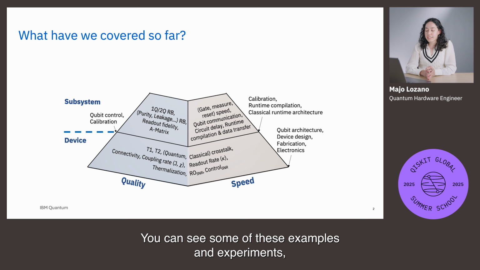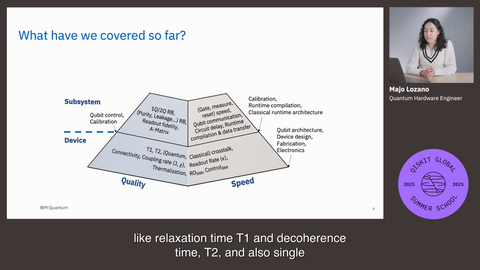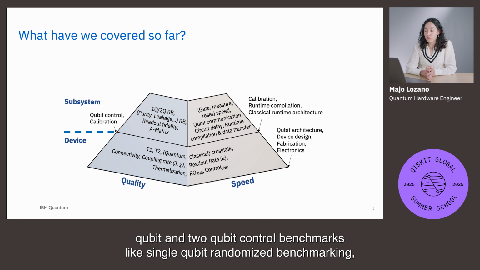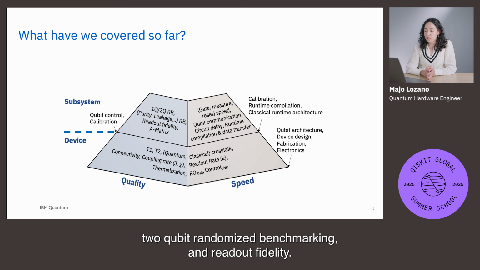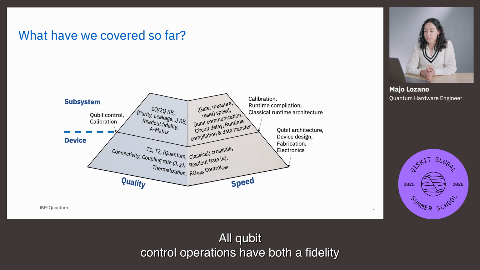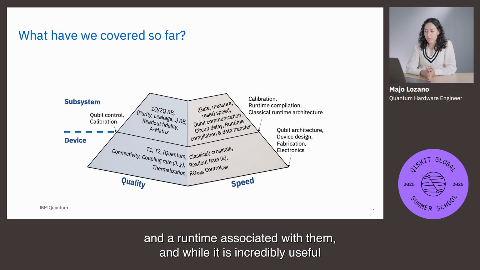You can see some of these examples in this pyramid, starting with individual qubit metrics at the very bottom, like relaxation time T1 and the coherence time T2, and also single-qubit and 2-qubit control benchmarks, like single-qubit randomized benchmarking, 2-qubit randomized benchmarking, and readout fidelity. All qubit control operations have both a fidelity and a runtime associated with them.